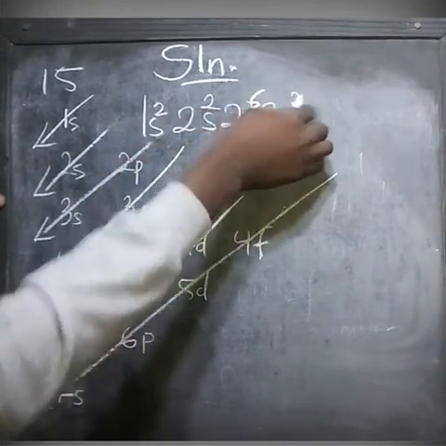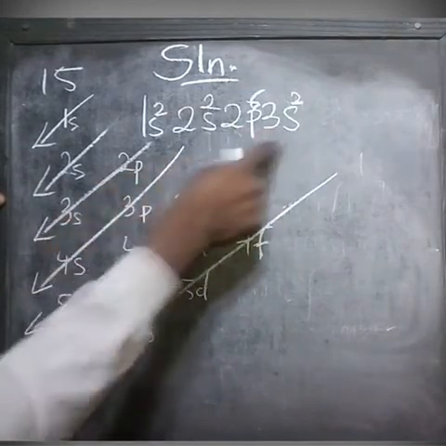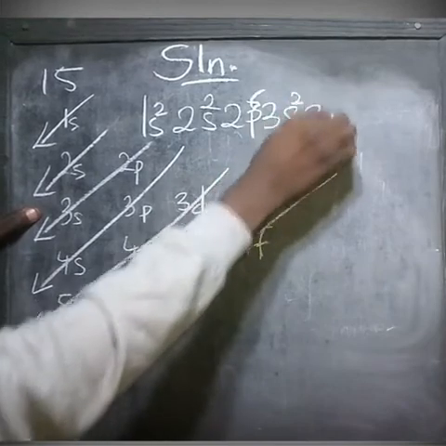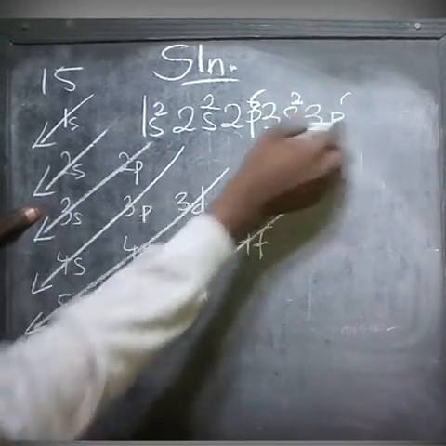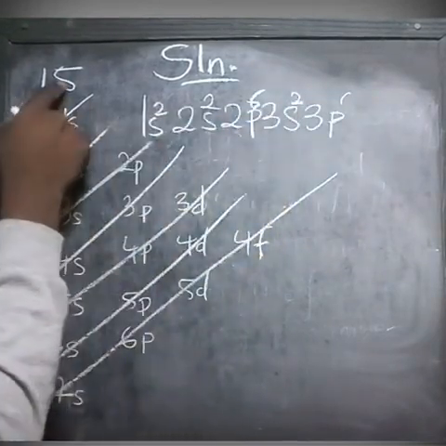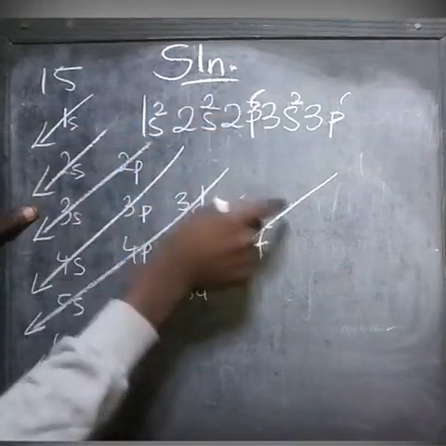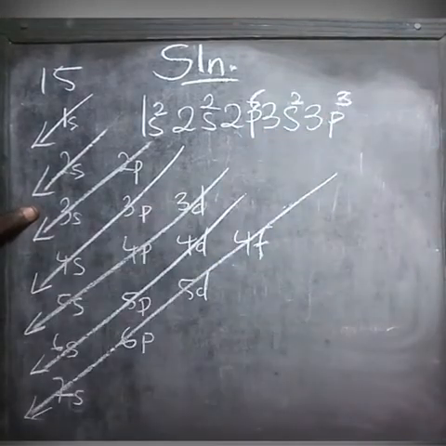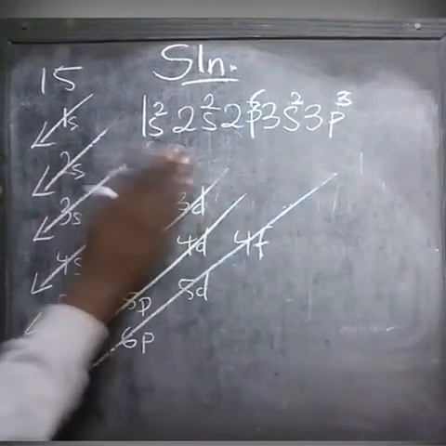We are at 3s, then 3p. We are looking for 15. We have 10, then here is 3.